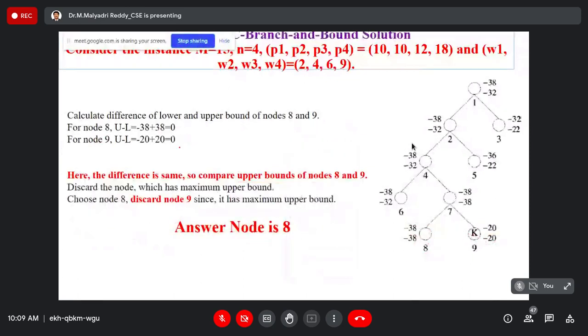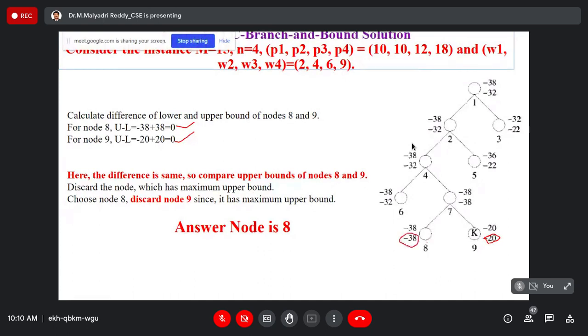Which node do you have to choose? Ninth. The difference is same, so compare the upper bound of 8 and 9. Discard the node which has the maximum upper bound. So minus 38, minus 20, this is the upper bound. Which one is the maximum value?